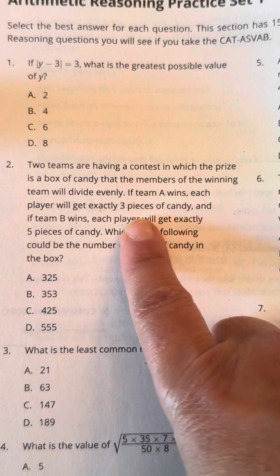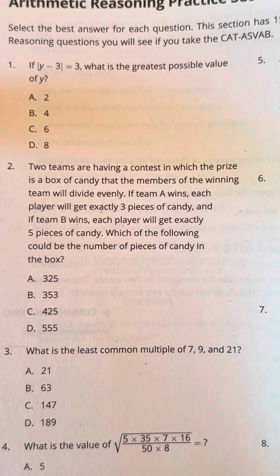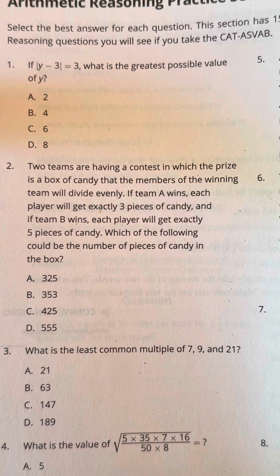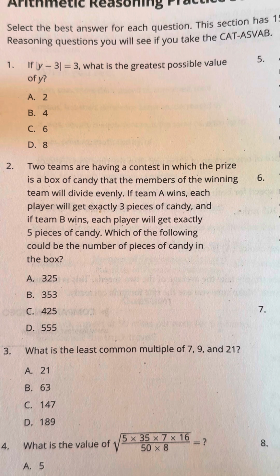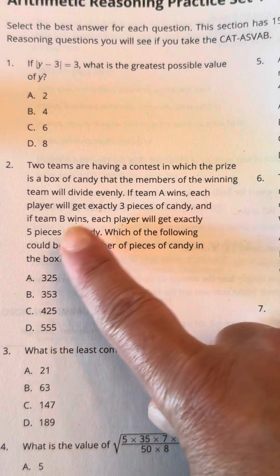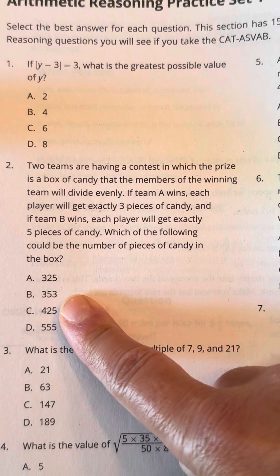Now with the 3, because it's 3 pieces, we need to think about divisibility rules. When I take any number's digits and add them together, if the sum can be divided by 3 evenly, then it's divisible by 3. If it doesn't, it's not going to be divisible by 3. It has to be divisible by both of these numbers.